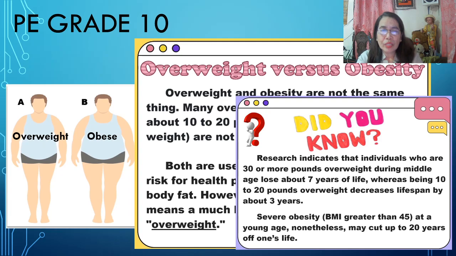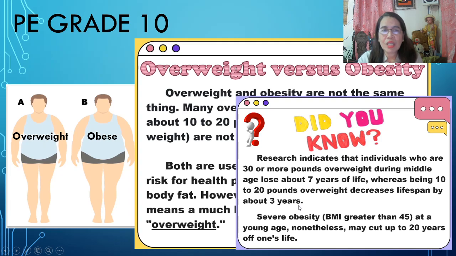Okay, did you know that research indicates that individuals who are 30 or more pounds overweight during middle age lost about 7 years of life, whereas being 10 to 20 pounds overweight decreases lifespan by about 30 years.